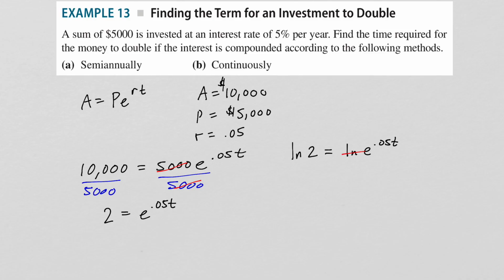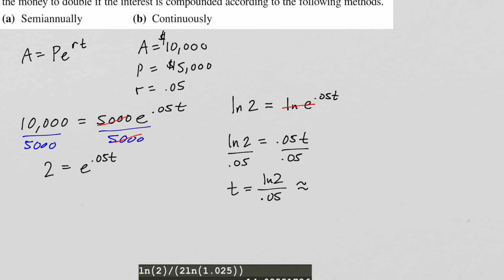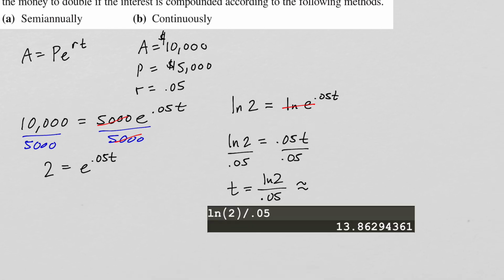On the right-hand side, these are going to cancel, leaving us with natural log of 2 equals 0.05 times t. And the final step here is we just divide by 0.05. And so t is equal to the natural log of 2 divided by 0.05, which we can approximate on a calculator. And you can see here that the value is approximately 13.9 years.